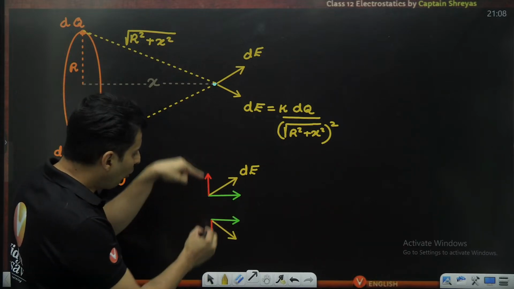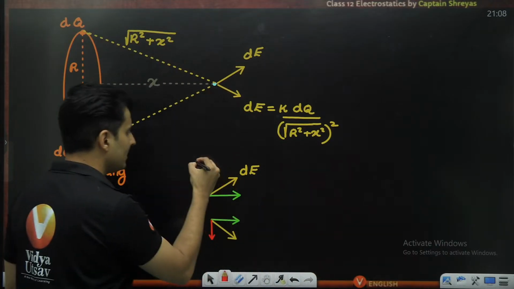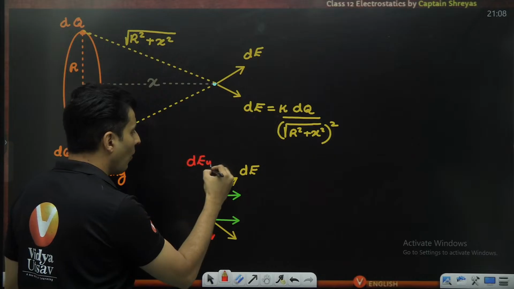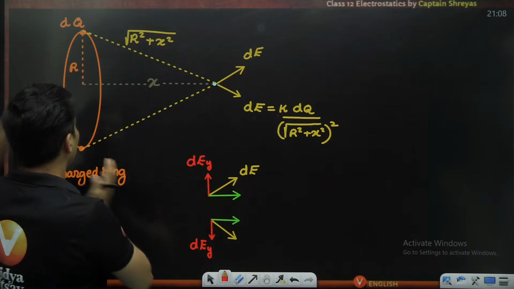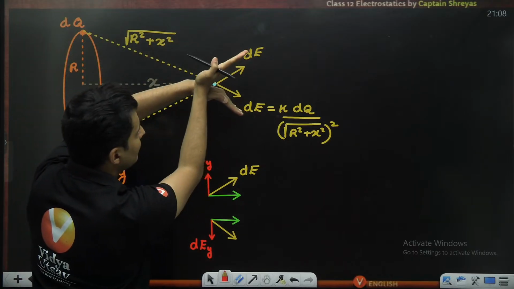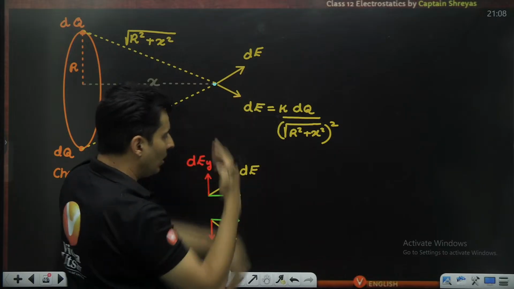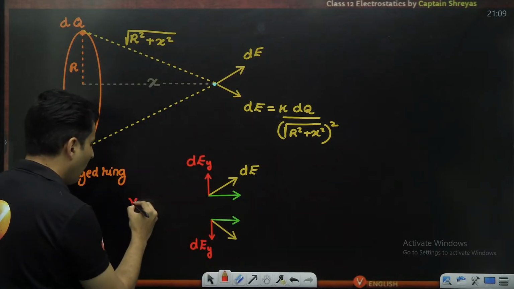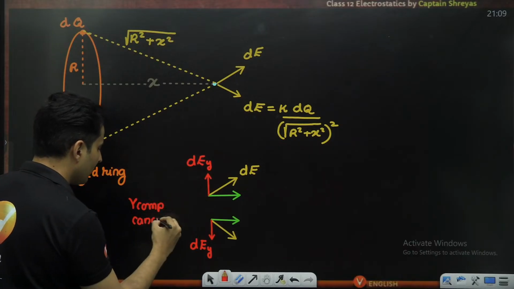Can you see the ones in the y direction are going to cancel? Yes, this is the dE y component. This is also the dE y component. Both of them are like this. They will add to go like that, but their vertical components, their y components, cancel out each other.